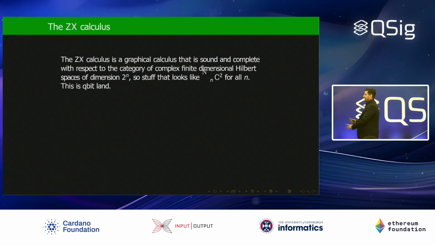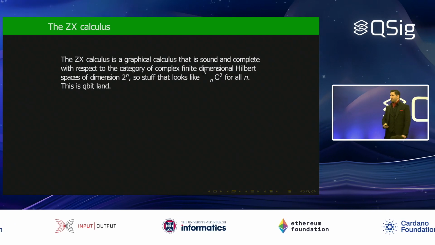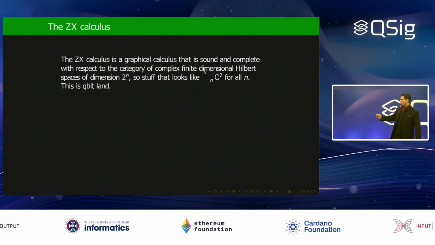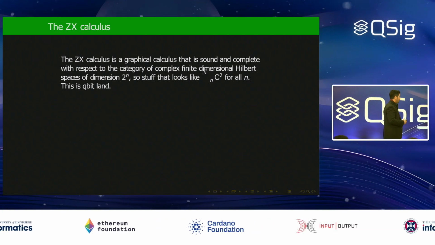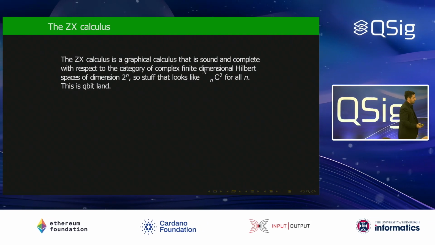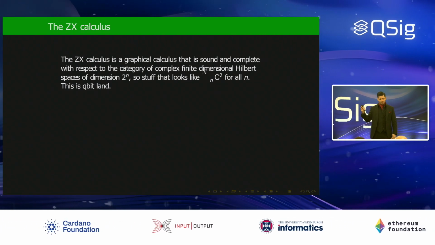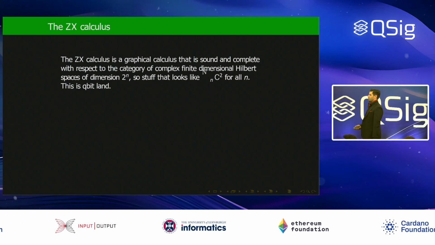That is basically this kind of thing on steroids. There is a very important result that says that the calculus I'm going to show you is sound and complete with respect to complex finite dimensional Hilbert spaces of dimension 2 to the n. That is basically qubits. So what it means is that whatever you can do algebraically on qubits, you can do graphically.